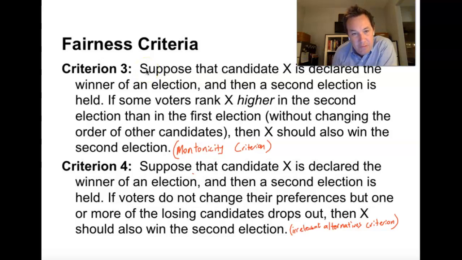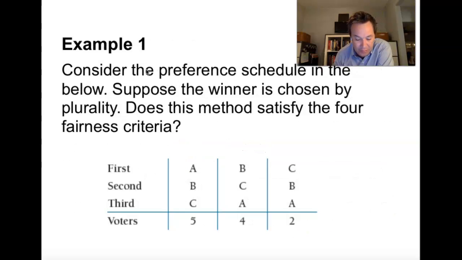All right, so now we have all the fairness criteria down. Let's see what they mean and how they can fail. So here's an example. We're given a preference schedule for 3 candidates, and they say that the winner is chosen by plurality. Does this method satisfy the 4 fairness criteria?